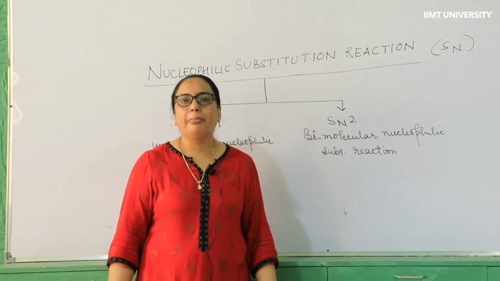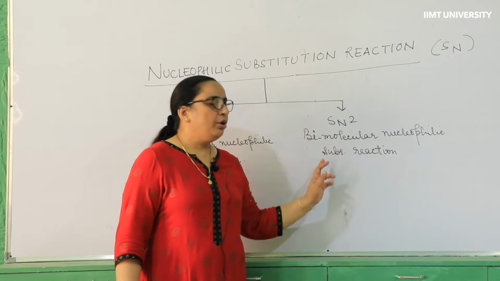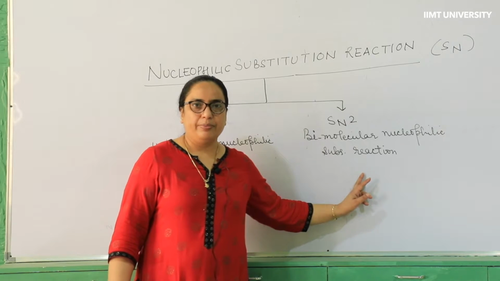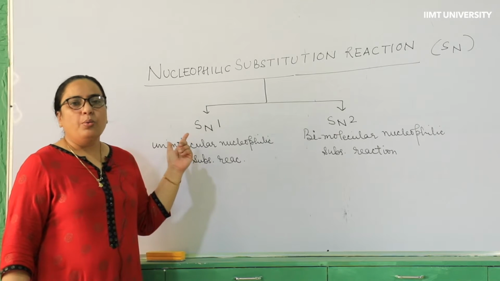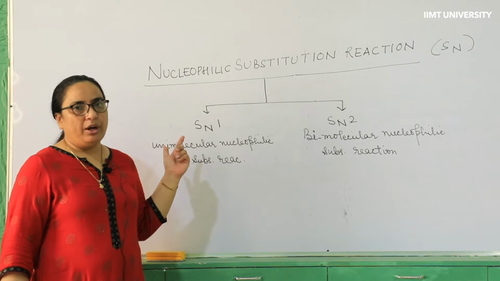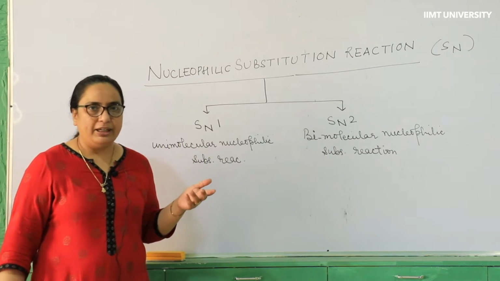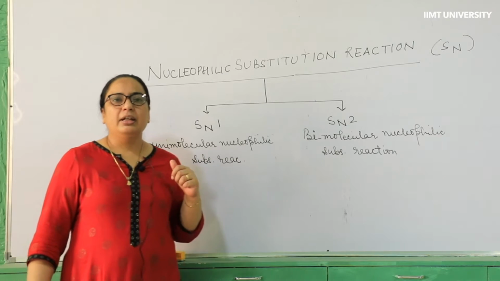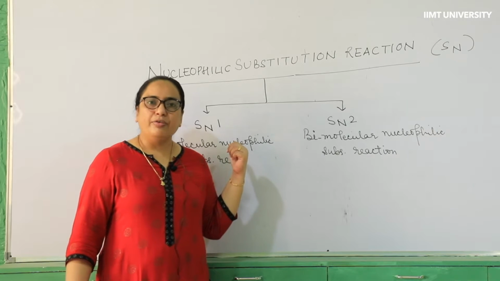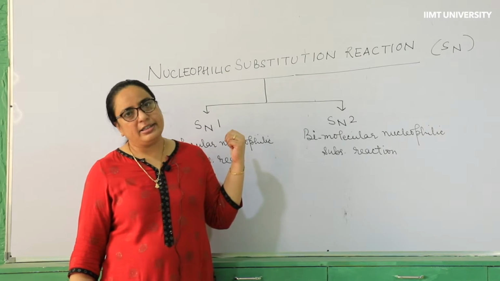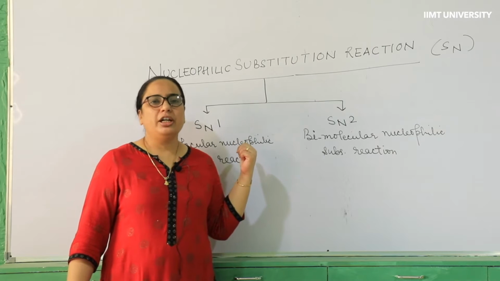That is why it is called the bimolecular nucleophilic substitution reaction. Now let us start with SN1 reaction. What is the mechanism of SN1 reaction, that how it takes place? Then we will discuss the stereochemistry of this SN1 reaction, then the different factors which are affecting its rate, and then the potential energy diagram.